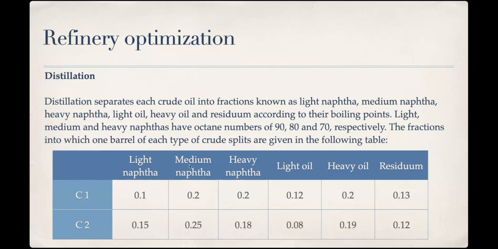And 0.2 of medium naphtha, 0.2 barrel of heavy naphtha, 0.12 barrel of light oil, 0.2 barrel of heavy oil, and 0.13 barrel of residue. And you see that if we sum up all these components, we will not get one.